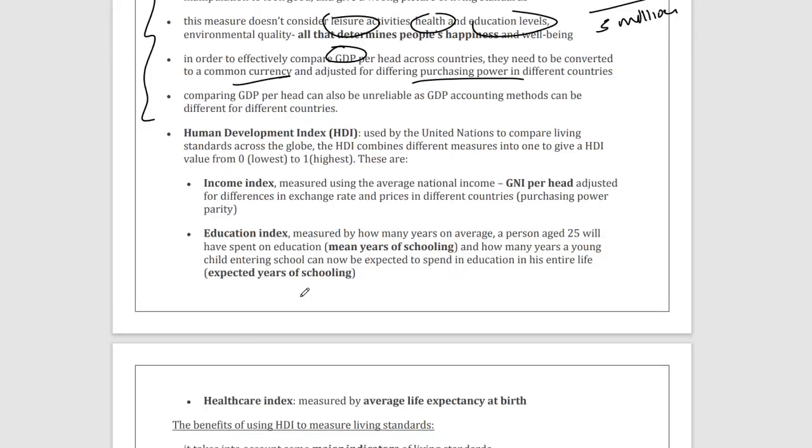HDI is called Human Development Index, and this was actually introduced by the United Nations, and they use the HDI to compare living standards. What the HDI consists of is they look at many measures, and they have assigned each country an HDI from 0, which is the lowest, to 1, which is the highest.